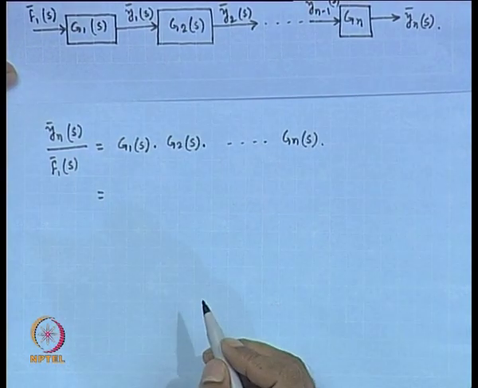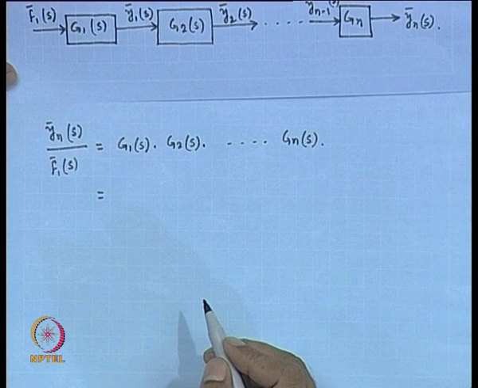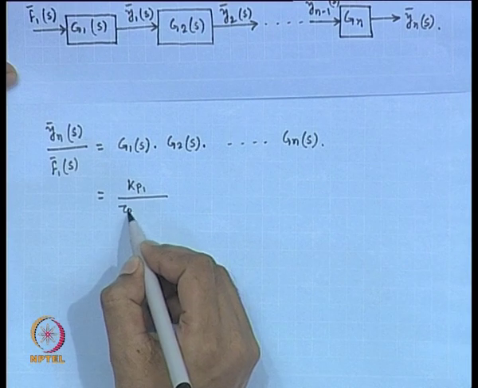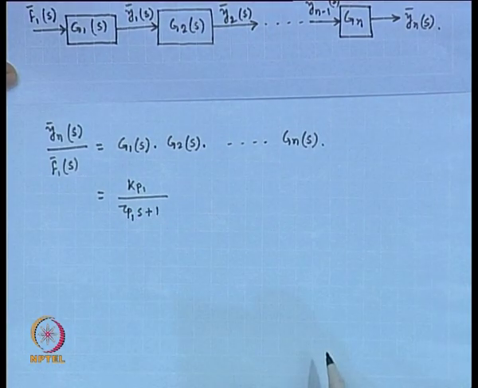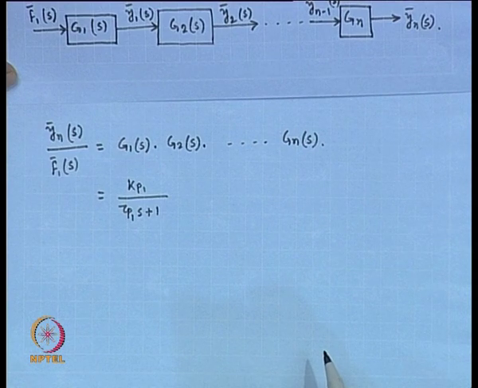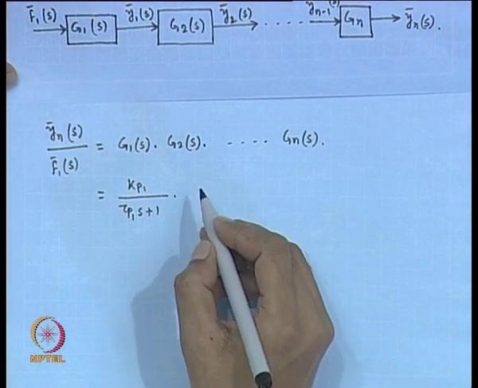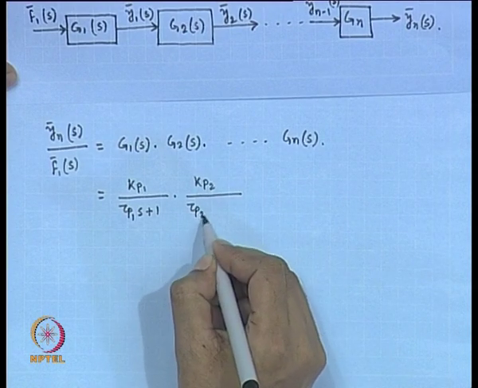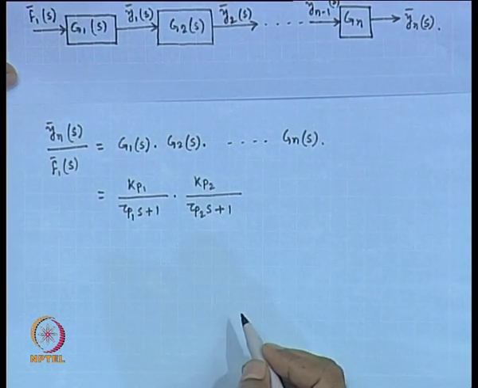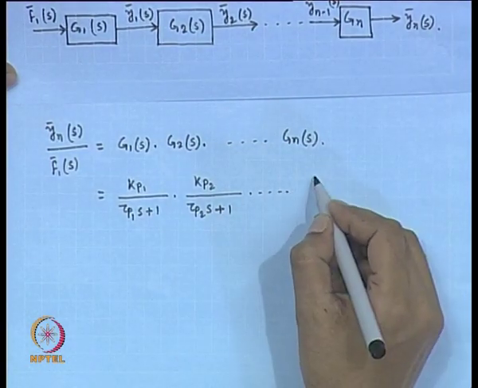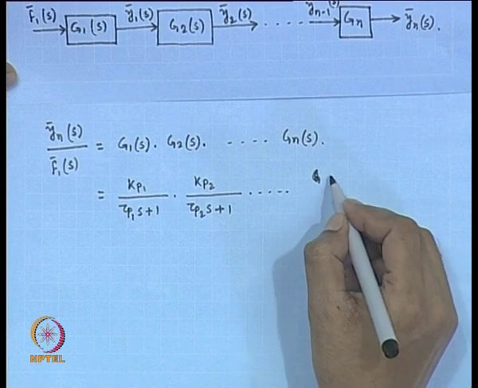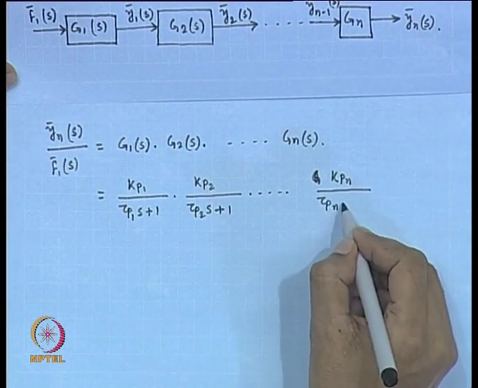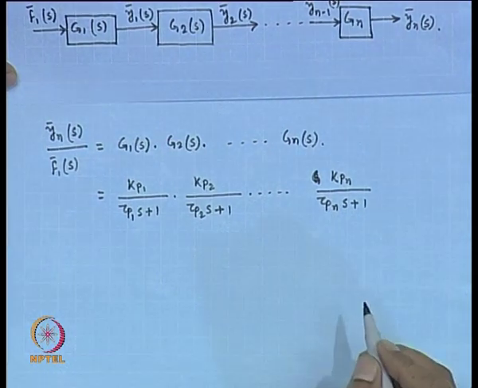Now, what is the transfer function of a first order system? G1 equals Kp1 divided by tau p1 s plus 1. This form we derived earlier. Similarly, for the second first order system, we can write Kp2 divided by tau p2 s plus 1, and last transfer function is represented by Kpn divided by tau pn s plus 1.